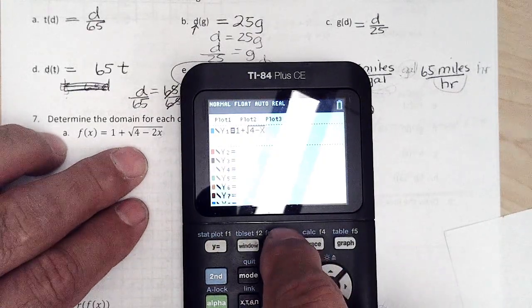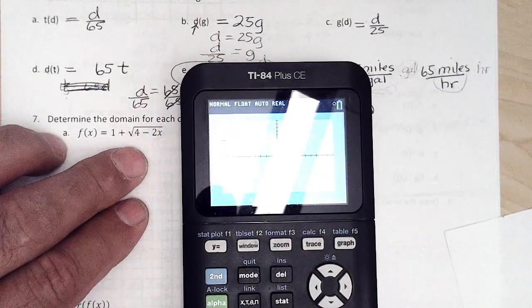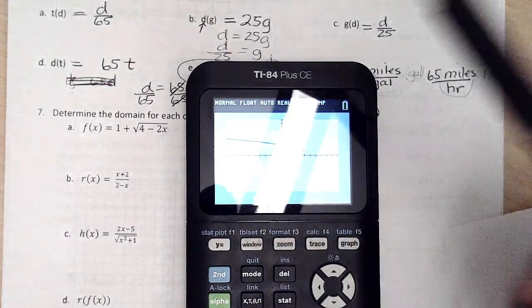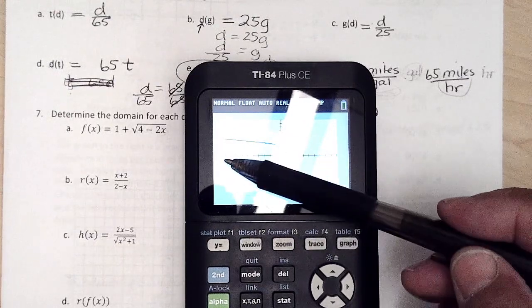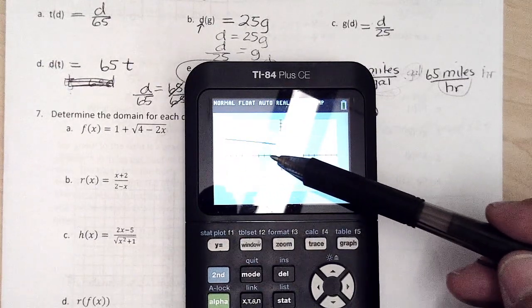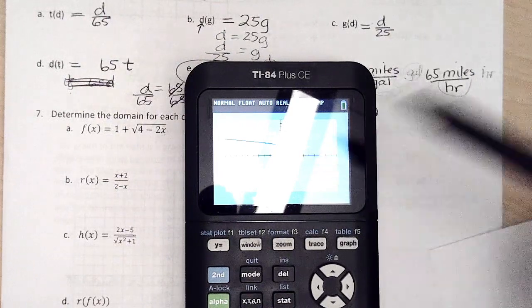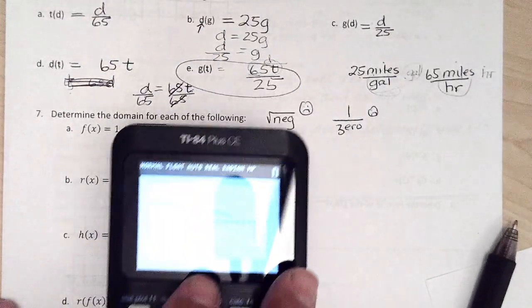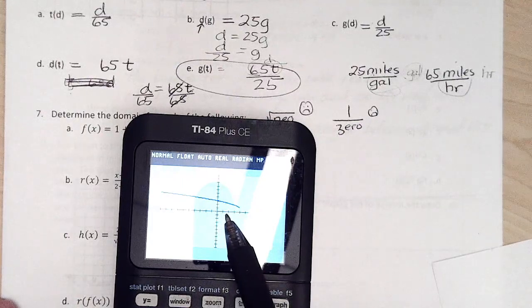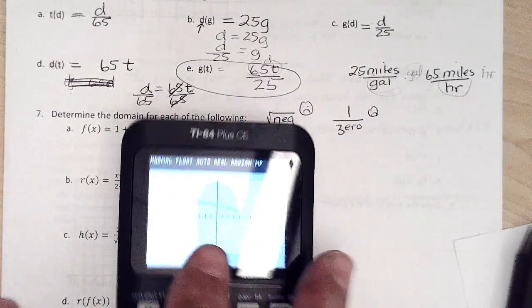And if I just go standard screen, zoom 6, I have a graph that looks like I can use any of these x's and get answers, but they die somewhere around 4. So 1, 2, 3, 4.